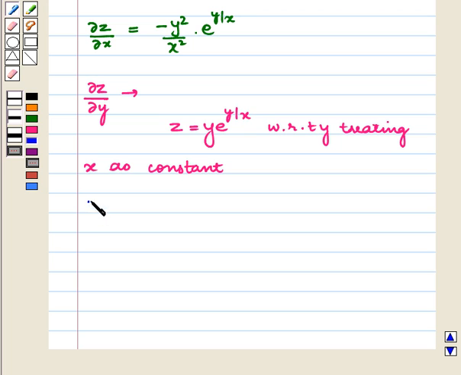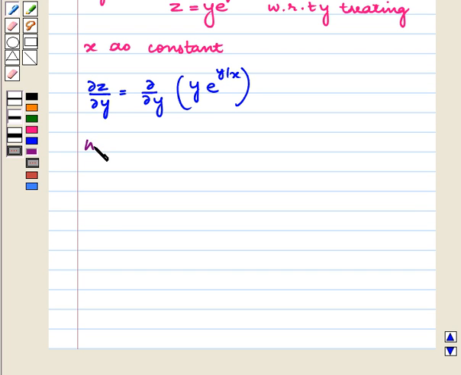We get del z by del y equal to del by del y of y into e raised to power y by x. Here we will have to use the product rule of differentiation.